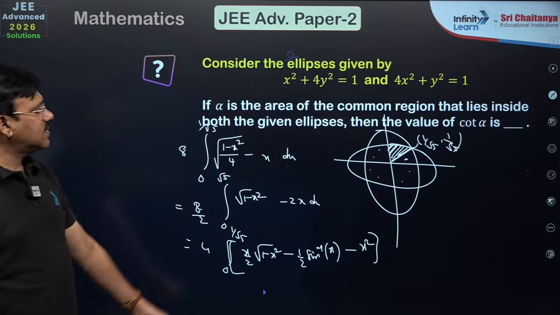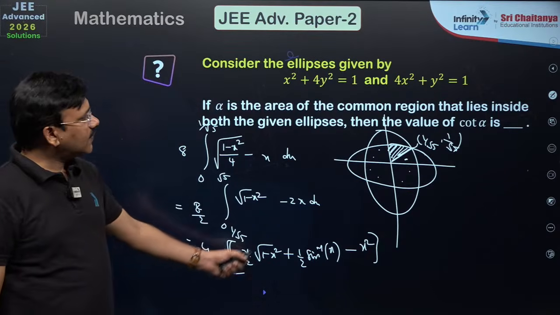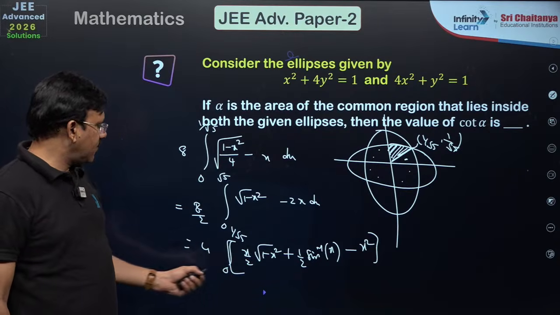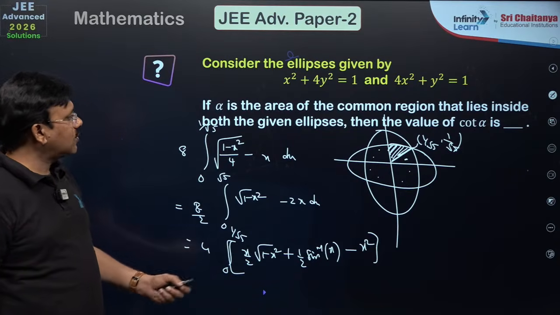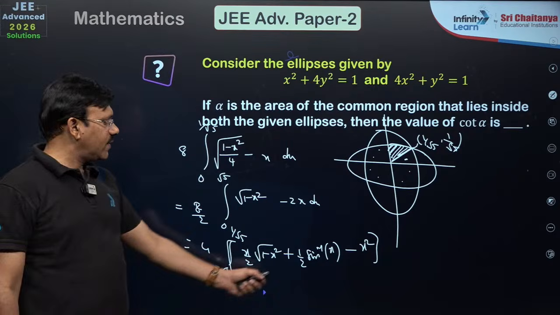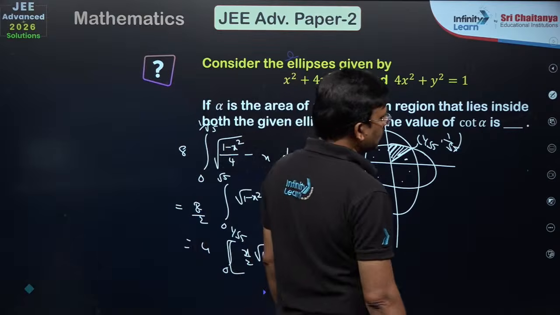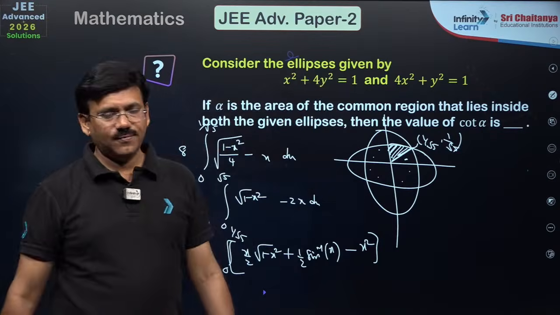So this gets cancelled, you will get plus sine inverse x by a. After simplification you will get this particular area as alpha, he wants cos alpha, he will get in terms of sine, so cot alpha you are going to get as 0.75.